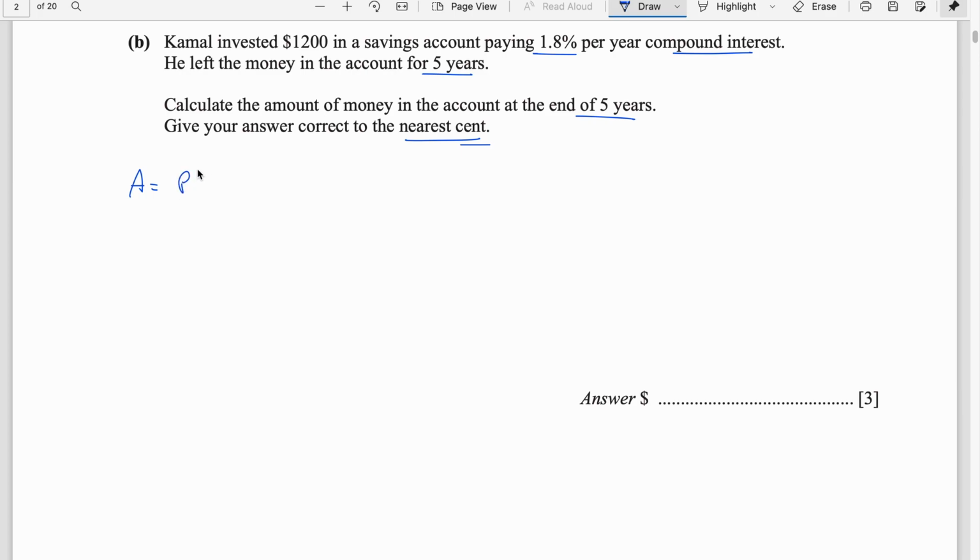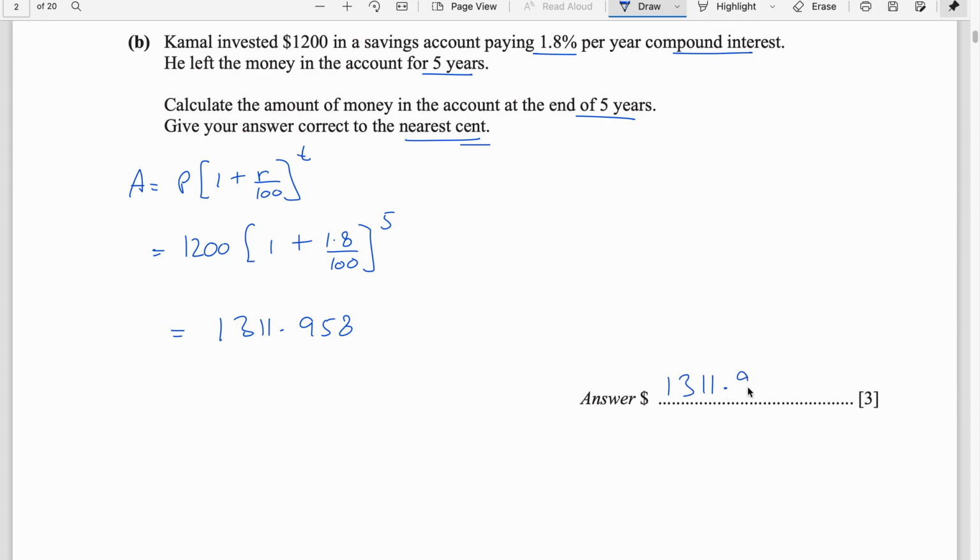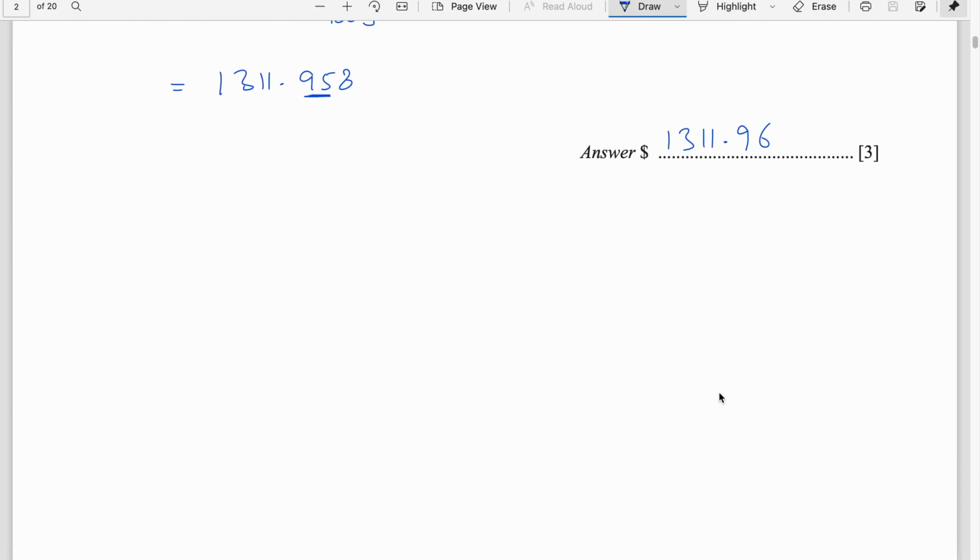The amount equals P times (1 plus R by 100) to the power T. Amount invested is 1,200, 1 plus rate is 1.8, and for 5 years, 1311.958. So at the end of 5 years he will have $1,311.96. To the nearest cent, it is 2 decimal places, so 0.96.